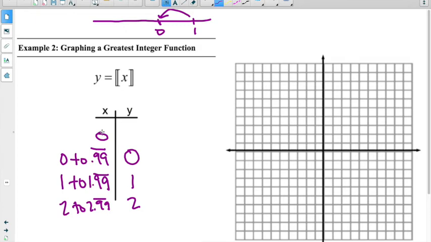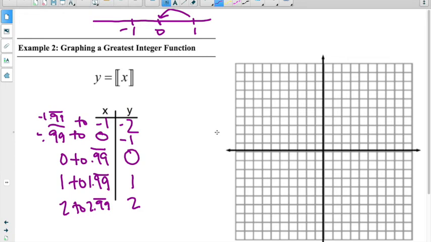If we go the opposite way on the number line, from 0 down to negative 0.999 repeating, it's going to spit out negative 1. And for the range negative 1.999 to negative 1, it's going to spit out negative 2.